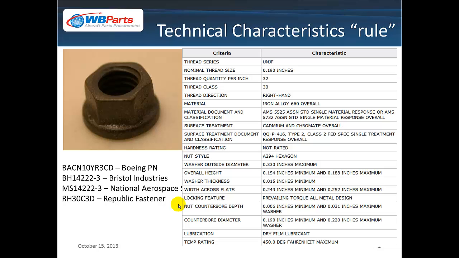So this nut has this set of technical characteristics, and you can read along that we have thread quantity per inch and the material, and it's a hexagon head nut, and we have various physical dimensions and lubrication that all bind these manufacturing part numbers together.